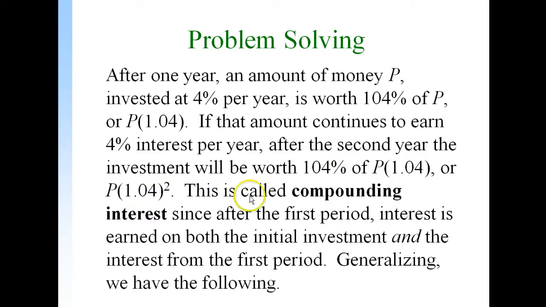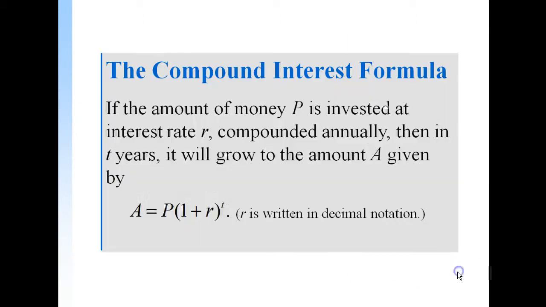And this is called compounding interest, since after the first period, interest is earned on both the initial investment, your original principal, and the interest you earned on that. And generalizing this, working it into a formula, you end up with this formula right here.